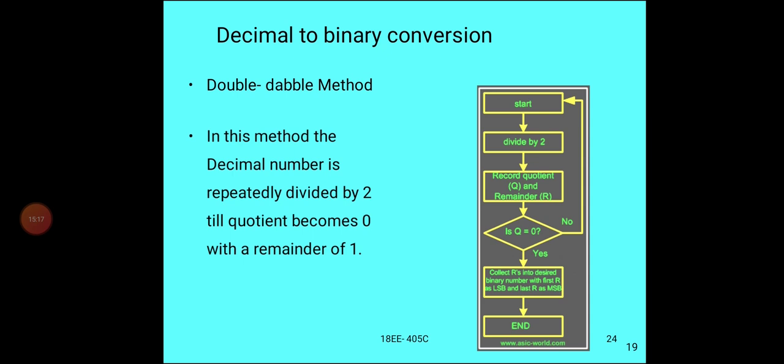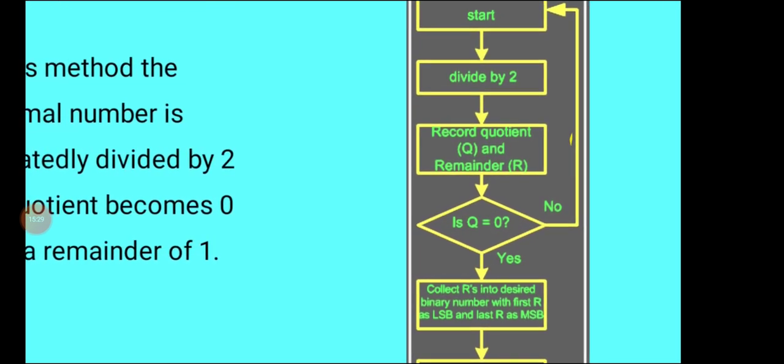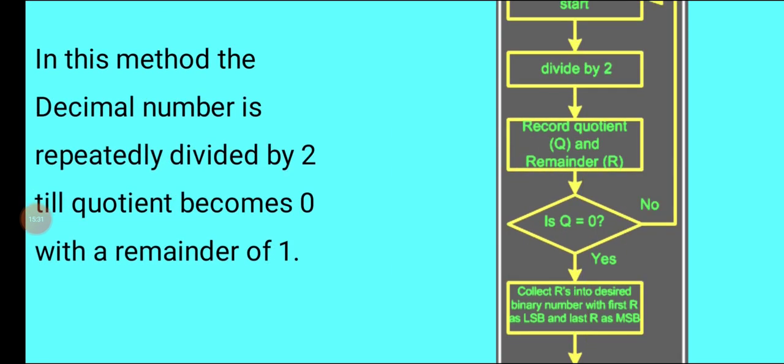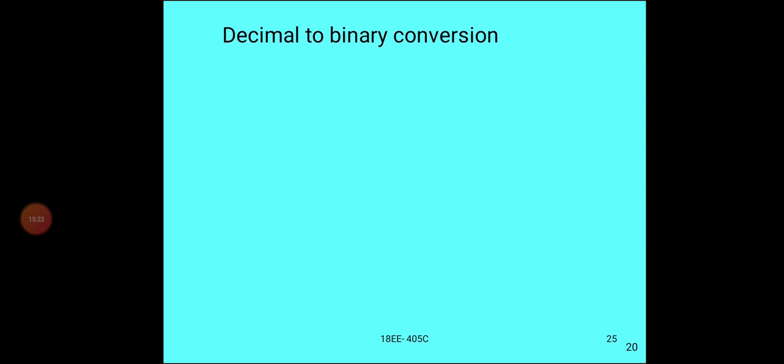If no, go back and divide again. If yes, collect the remainders into the desired binary number, then record it and end.